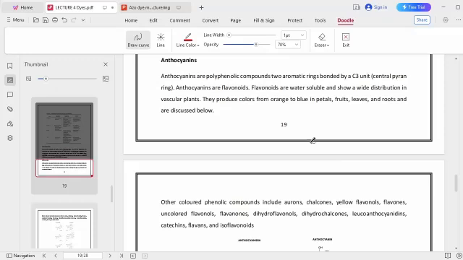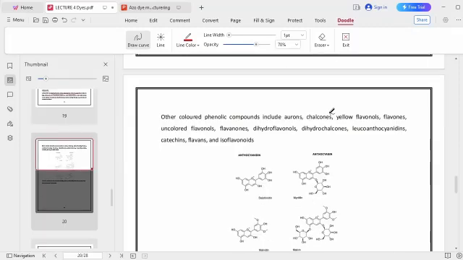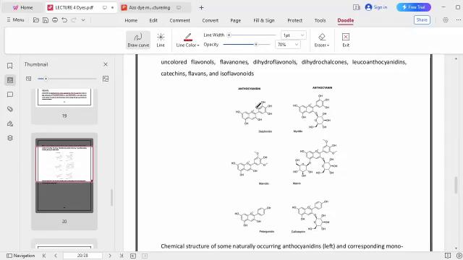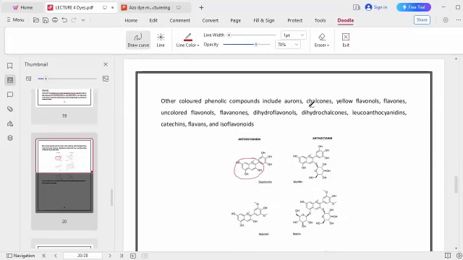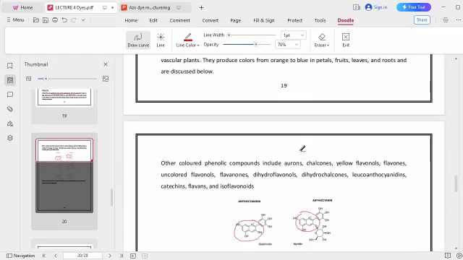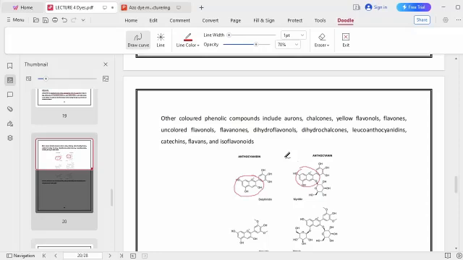In terms of the pigments, we have the anthocyanins, which are polyphenolic compounds that have two aromatic rings, which are bonded by a carbon 3 unit or a central pyran ring. This ring is known as the central pyran ring.